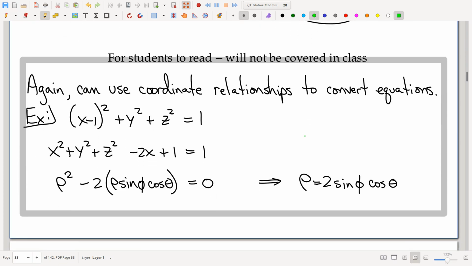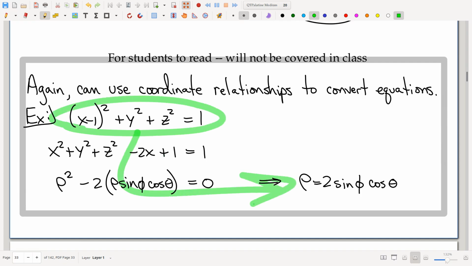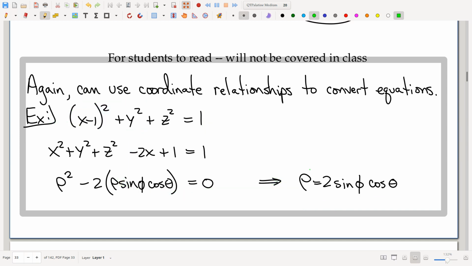Okay. All right, so again, now this is an easy read. If you have a rectangular equation and you want to convert that into a spherical equation, notice it's just a matter of knowing the conversion formulas and plugging in. So, for example, we already knew long ago, pages ago, that x is rho sine phi cosine theta. So, boom, you plug that in. No big deal.